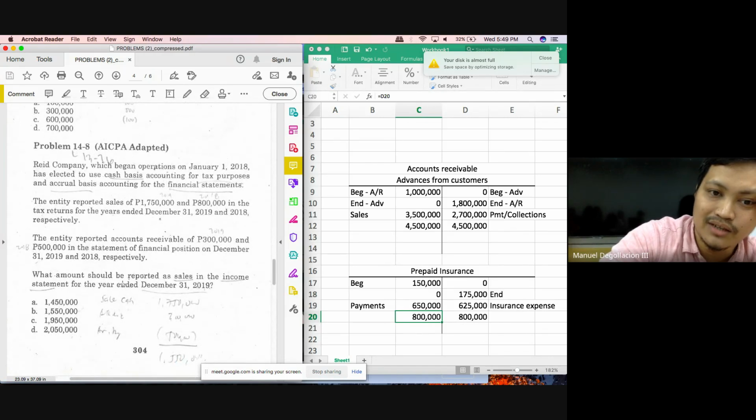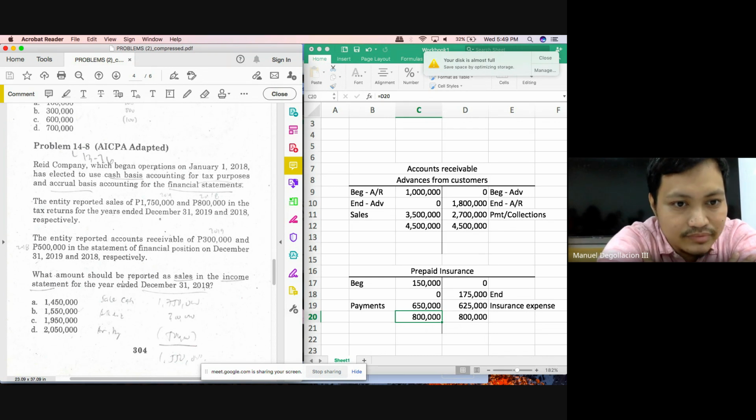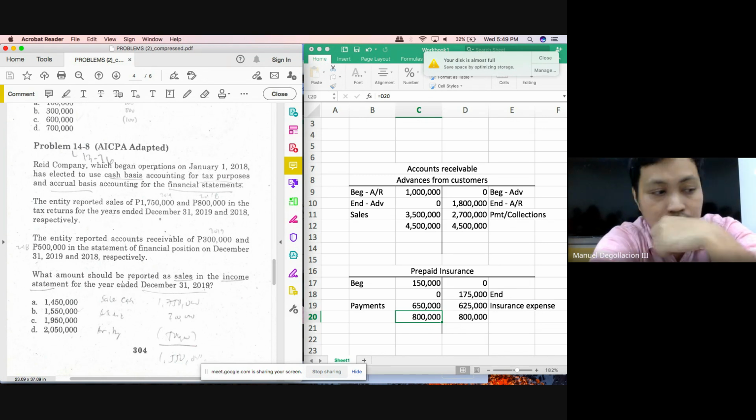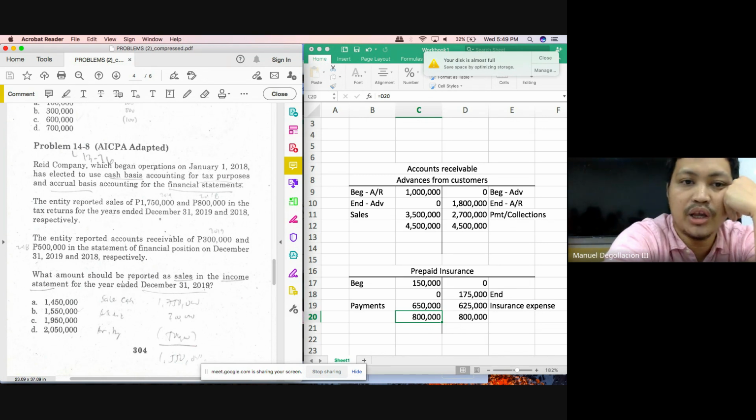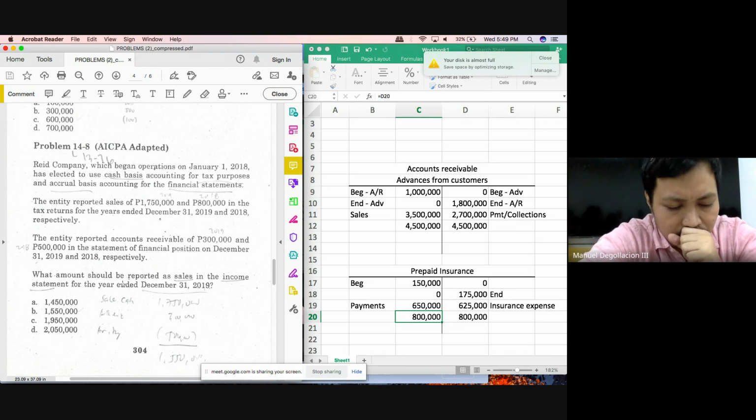Okay, I think we can still do one more. The question here is, what amount should be reported as sales in the income statement for the year ended? So we reverse. We're given cash basis, class, and we're trying to look for the sales under accrual. Okay?